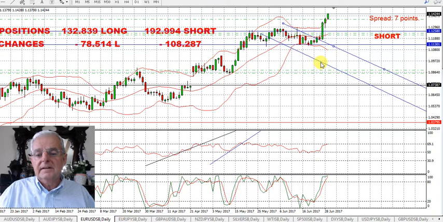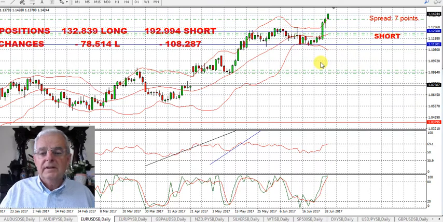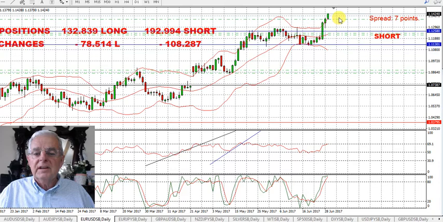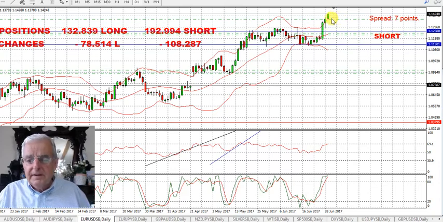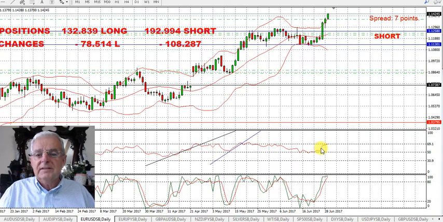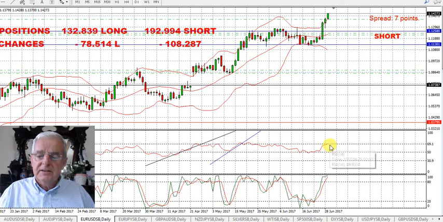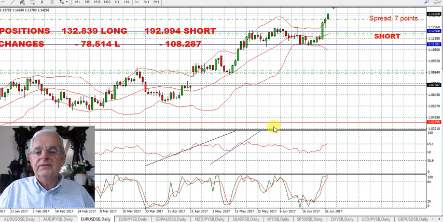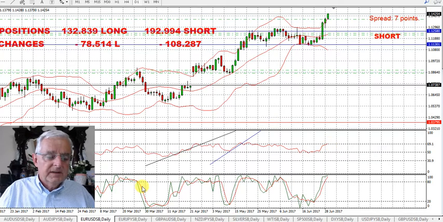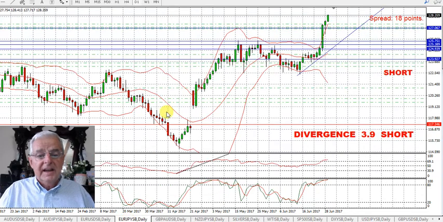So I will be looking for weakness, but at the moment, best left alone. We're up at 69.1. It looks like it's going to go up some more, more strength on the euro. So we're staying well out of that with any heavy trades. I have some small trades on it, but nothing heavy. I've taken the heavy trades off.